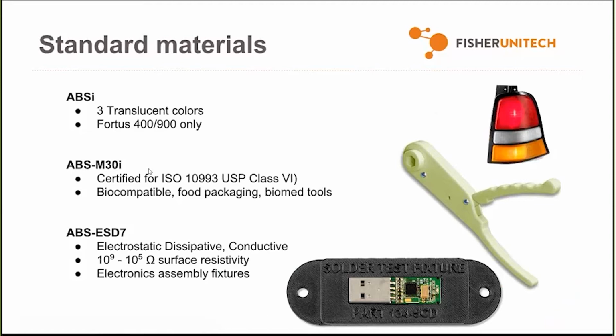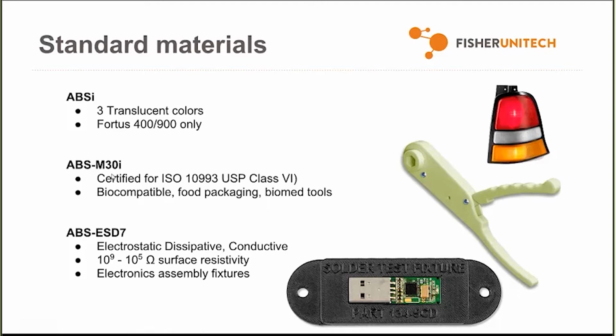And then there's ABS ESD7. Now, most thermoplastics are actually excellent insulators, so that means they'll hold a static charge. Just think about rubbing a balloon on your head. Well, ESD7 has a higher carbon content than standard black ABS, and that increases its electrical conductivity.